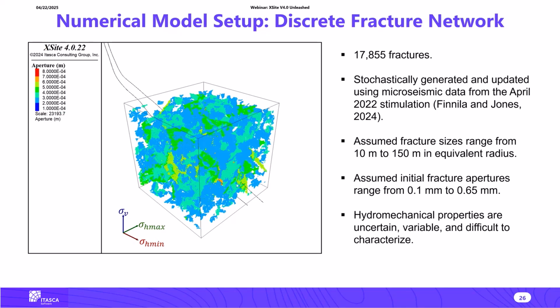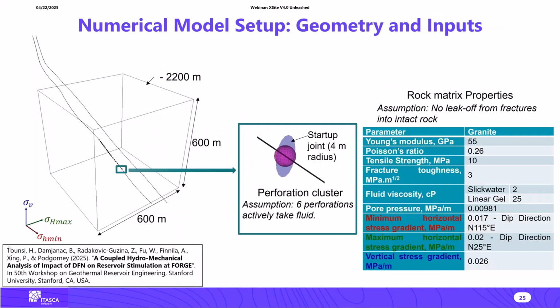I'm not going to go into detail about the model calibration. I'll just say that we observed quite a good match. If you want to read more about the results and modeling, it is published in the reference provided in this slide.